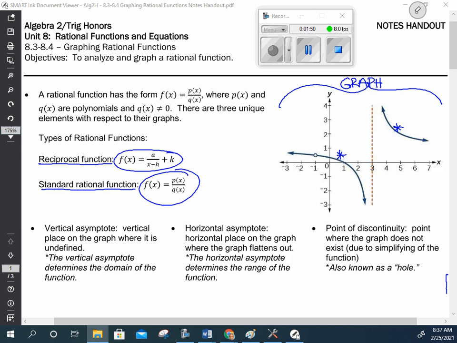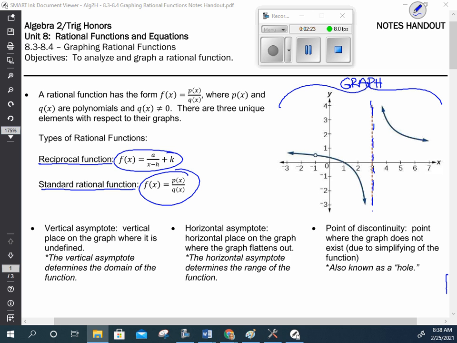The first thing you'll notice about the graph is this vertical line going down the middle of it. When you have a rational function, remember that there's one number that you can't divide by, and that's 0. Since you can't divide by 0, anything that would cause you to divide by 0 can't be used for this function.